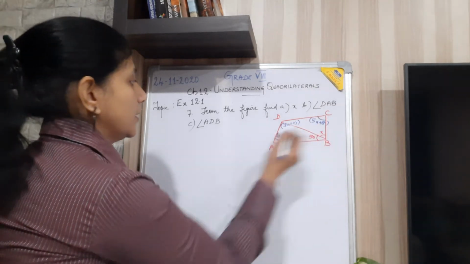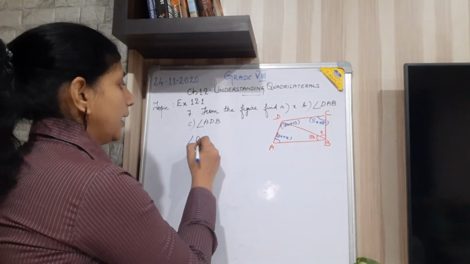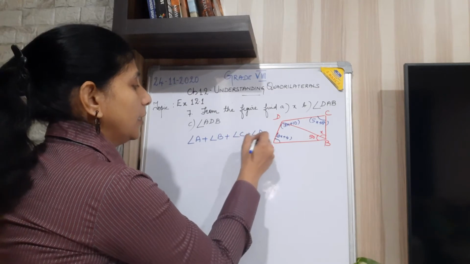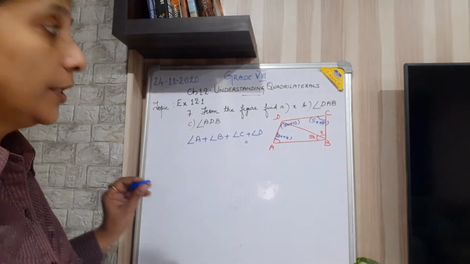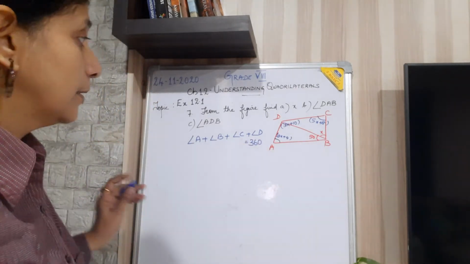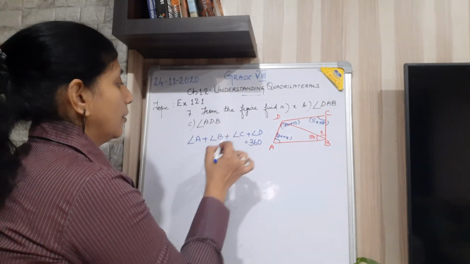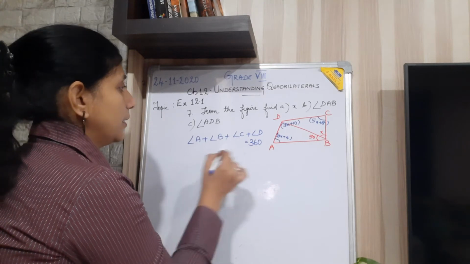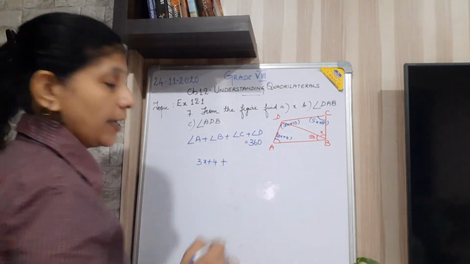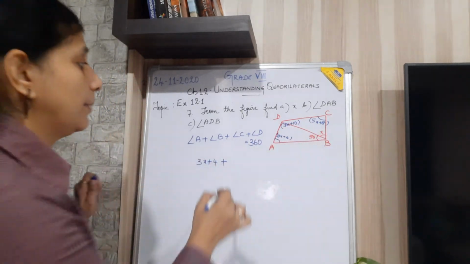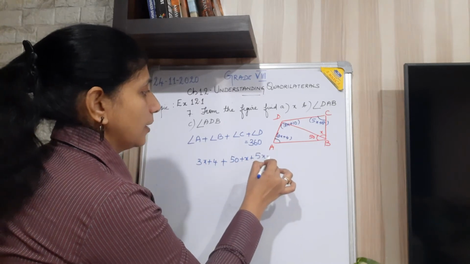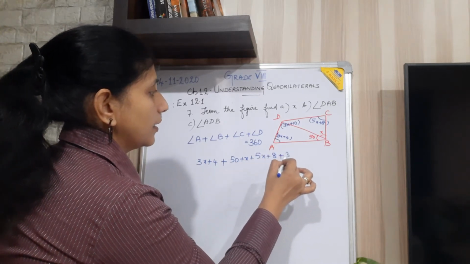This is a quadrilateral. So angle A plus angle B plus angle C plus angle D, it's a four-sided figure, so it is 360. We start with angle A, 3x plus 4, plus angle B, which has two angles, so it is 50 plus x, and 5x plus 8, angle C, and D is 3x plus 10.